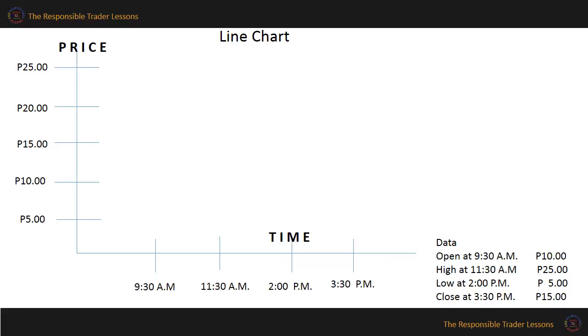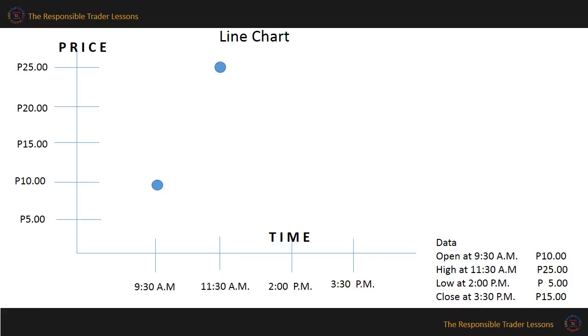Let us plot this using a graph. On the left side, we have the price. Down below, on the horizontal line, we have time. We have 10 pesos at 9:30 in the morning when the market opened.